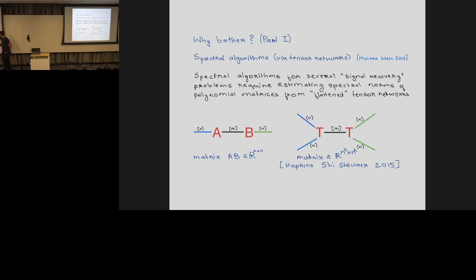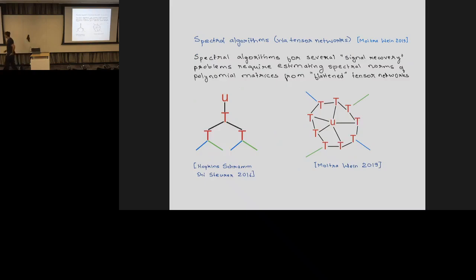There are simpler ways of writing this particular kind of tensor, but there are more interesting tensors that show up in later works where it's harder to write them in explicit expressions, and these diagrams are convenient.